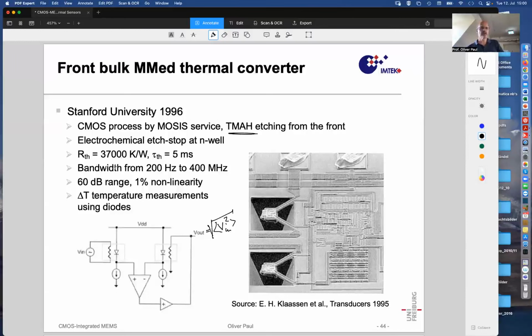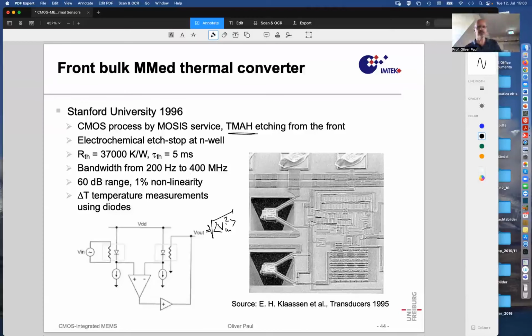And so they have a thermal resistance of 37,000 Kelvin per watt, or you can calculate the thermal conductance G thermal as the inverse of R, and a time constant of 5 milliseconds, which means that they can measure basically at 200 hertz and more, and that's exactly what they produce. 200 hertz is just at the limit, and 1,000 hertz is certainly better, and then up to reasonably high frequencies.